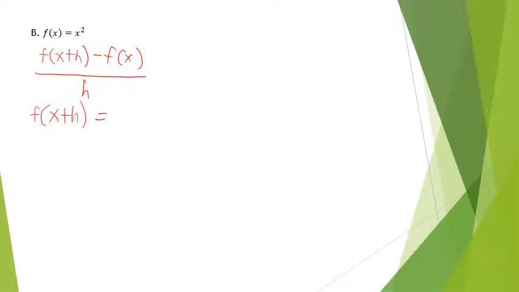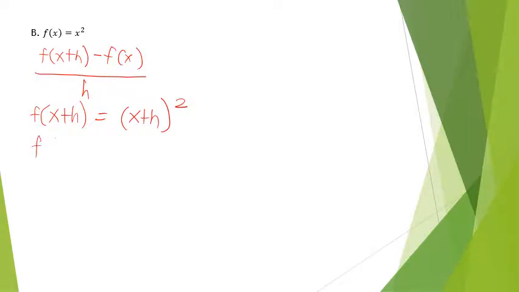Okay, isa pa. Evaluate naman natin ang difference quotient ng f of x equals x squared. Okay, sulat muna natin difference quotient. F of x plus h minus f of x all over h. Okay. Evaluate muna natin yung f of x plus h. Replace all variable x by x plus h. F of x plus h is equal to x plus h quantity squared.